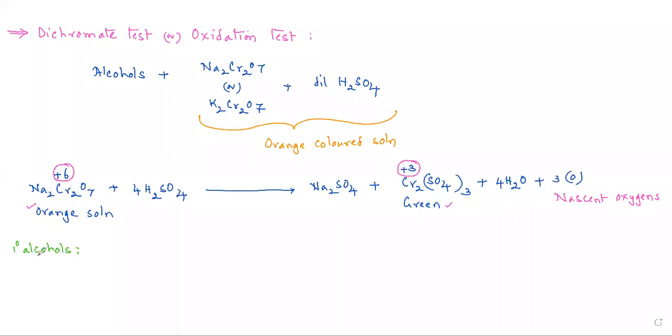Coming to 1 degree alcohol. The primary alcohols react with sodium dichromate and sulfuric acid, which of course gives the nascent oxygen required for oxidation. Primary alcohols on oxidation give aldehyde.